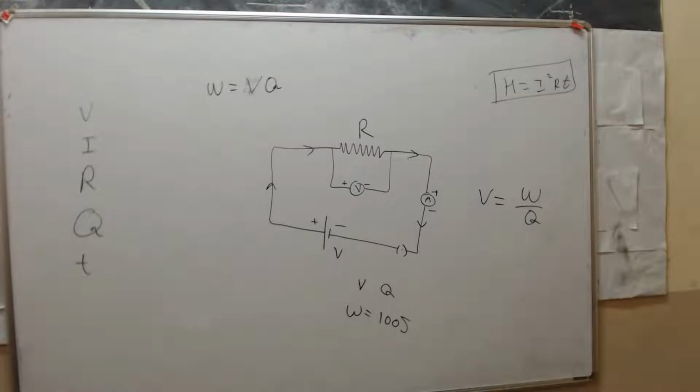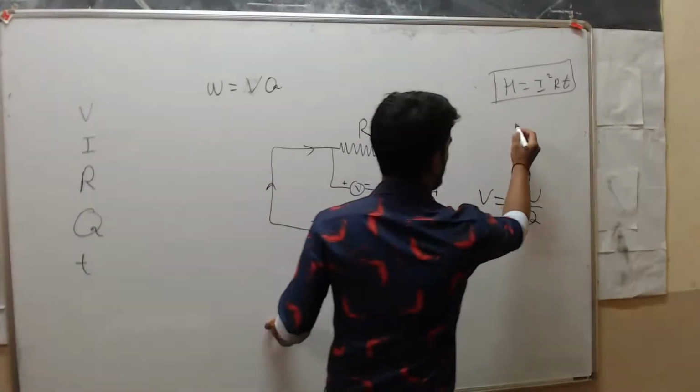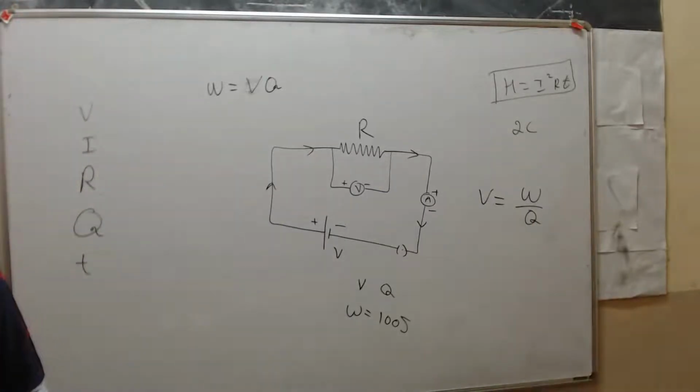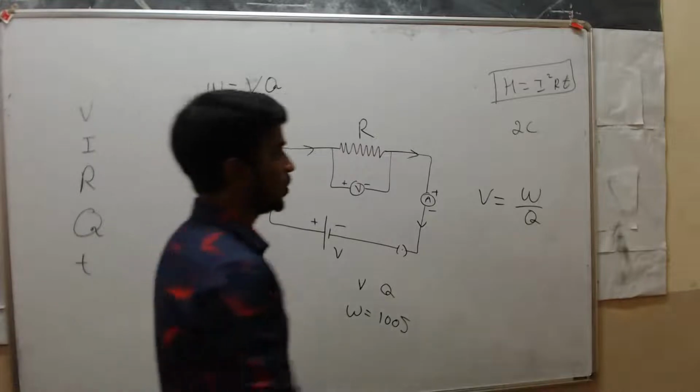You have discussed one problem. See here, in your textbook example 12.2: how much work is done moving a charge of 2 coulomb across 2 points having a potential difference of 12 volt?